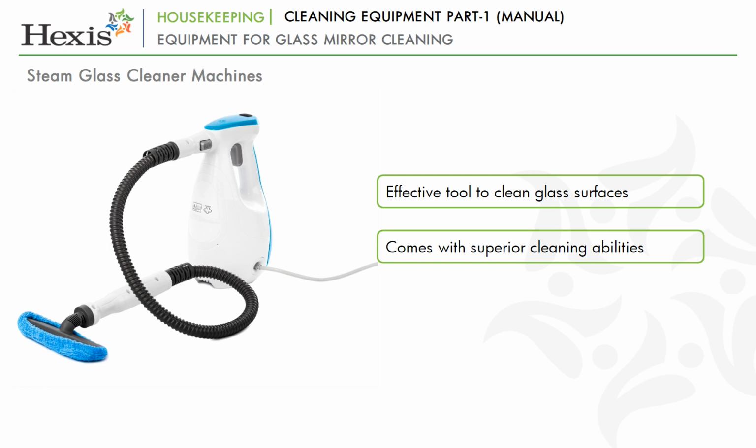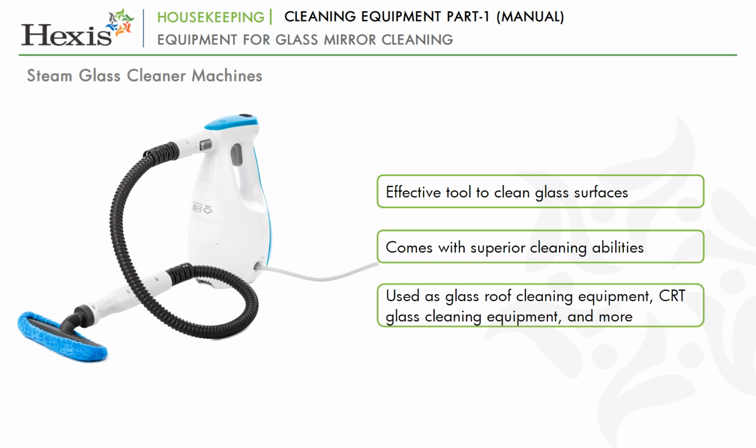Steam cleaners with the right specifications and features can be used as glass roof cleaning equipment, CRT glass cleaning equipment, and more. Other than this, there are 5 common window cleaning tools: washer, squeegee, bucket, scraper, and extension pole. Let's look at them one by one.